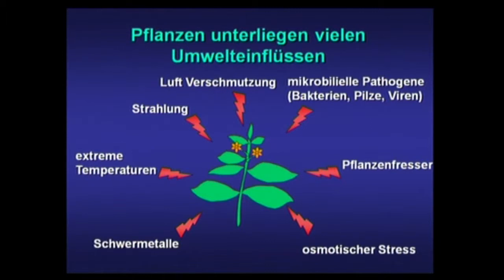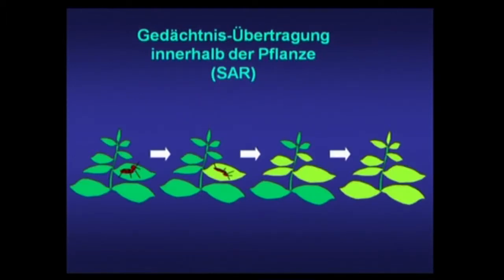Plants, just like other organisms, are subject to environmental influences. For plants, it is important to propagate correctly, even under such influences, because plants, unlike animals, can't run away if they don't like their location anymore.